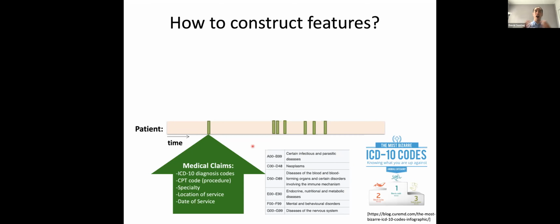This is a hierarchy where the top level hierarchy denotes, for example, neoplasms for cancers. There are another set of codes corresponding to diseases of the blood, another set of codes corresponding to endocrine disorders like diabetes, another set of codes corresponding to mental health issues. And if you dive deep into this hierarchy, you'll see that it is extremely detailed.